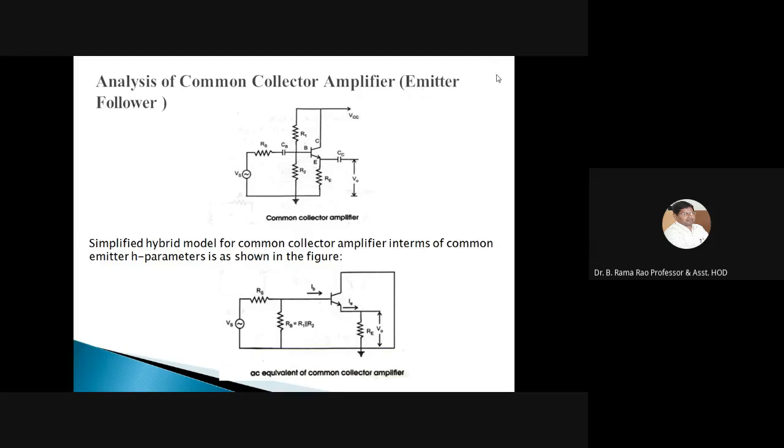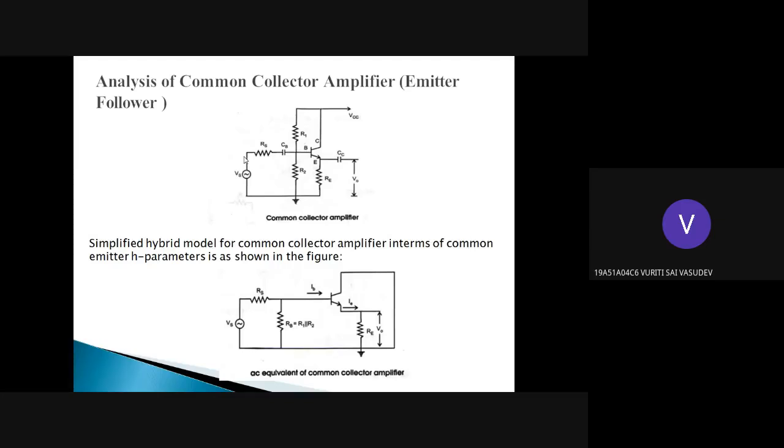If there is a variation at the input side, the emitter exactly follows it. The output depends upon the variation of the input. Am I clear? Anybody, please respond.